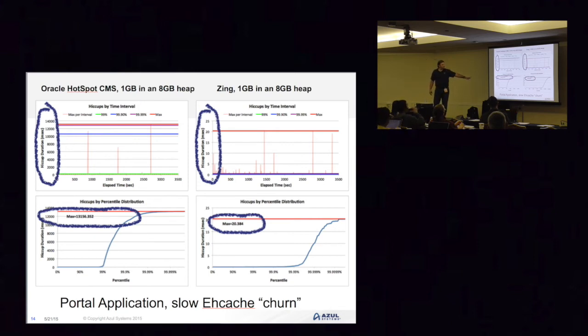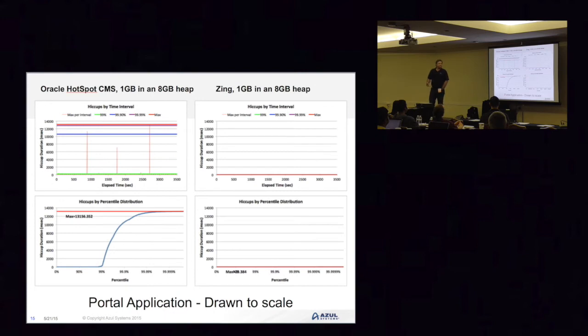If you do the percentiles, you can see the Oracle starts to break at 99, but Zing isn't breaking until 99.99. And if you plotted this A-B on like-for-like scales, Zing doesn't even show up. The latencies are that good across the whole spectrum.